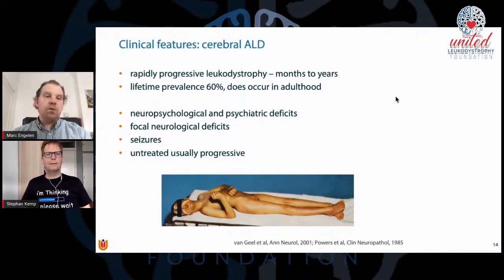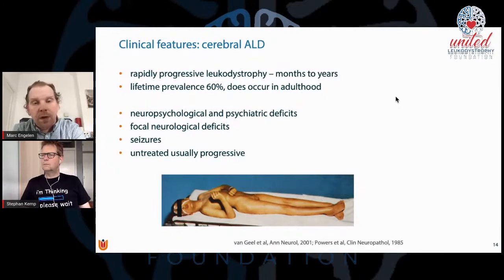The symptoms of the leukodystrophy develop over months to a few years. And not all men with ALD are affected. We estimate that the risk to develop it is about 60% over life. But one thing that we've been more alert about is that it does occur in adulthood. It was originally considered a childhood form of the disease, but cerebral ALD does affect adult men also.